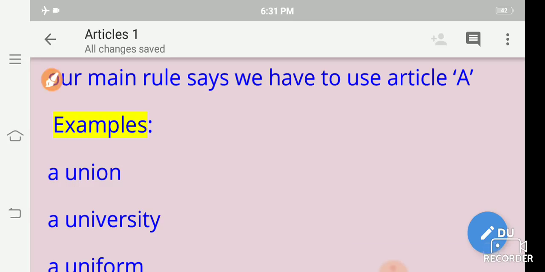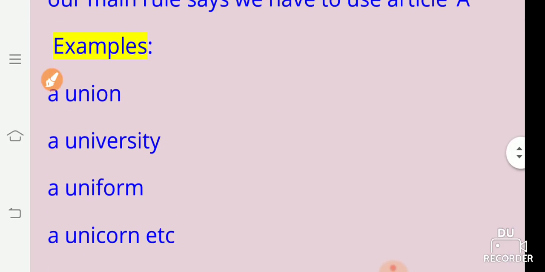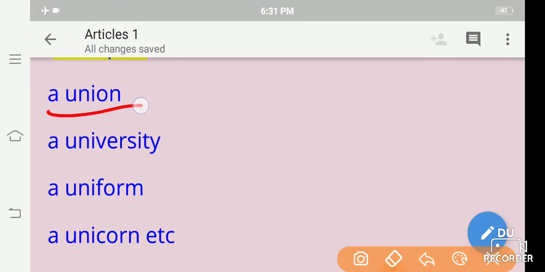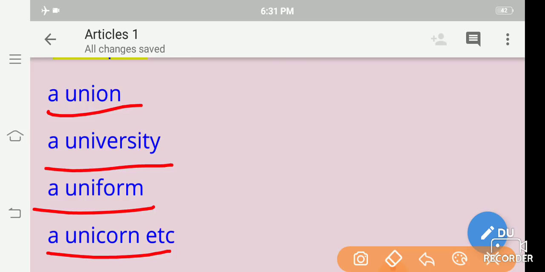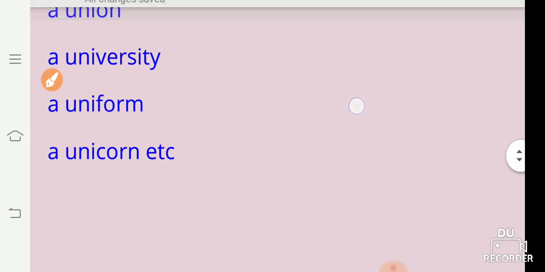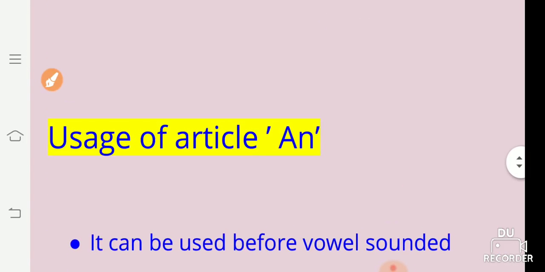Examples are like this: a union, a university, a uniform, a unicorn, etc. There are many examples, friends. If you refer to the next classes or the following sessions, definitely you can collect a good number of examples, friends. So I hope you are clear with the usage of article a.